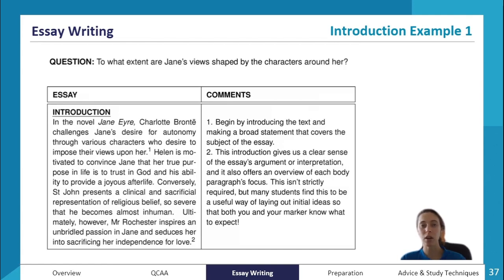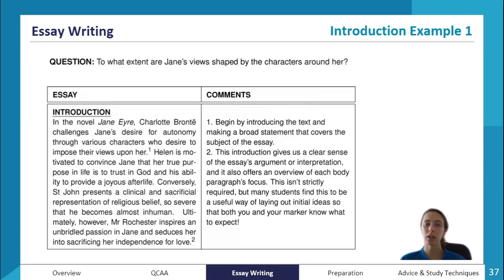So here it makes a lot of sense to divide up the essay with 3 different characters to focus on. And we've done that clearly in this introduction. We've got Helen, we've got St. John, and we've got Mr. Rochester. And you're focusing here on how each of those characters has shaped her views.